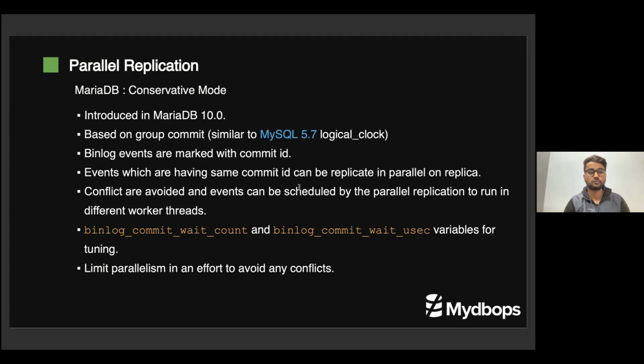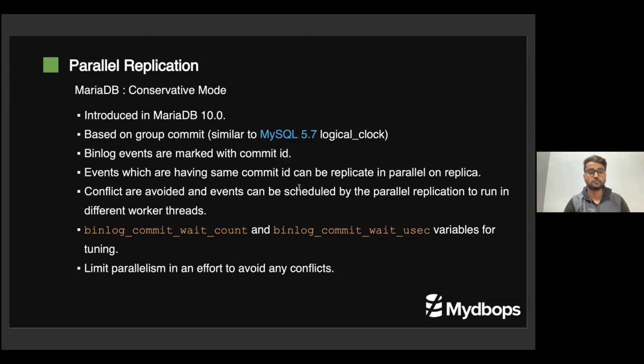Every event is captured with a commit ID, and those commit IDs can be used to form a group. The events which have the same commit ID form a group, and that group commit occurs on the master and can be replicated in parallel on the slave.